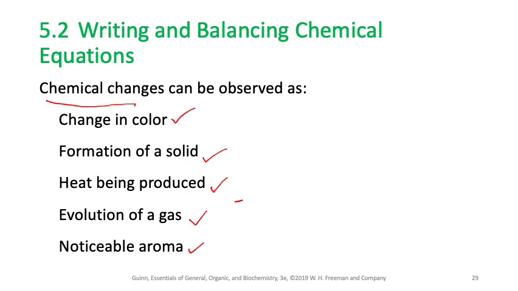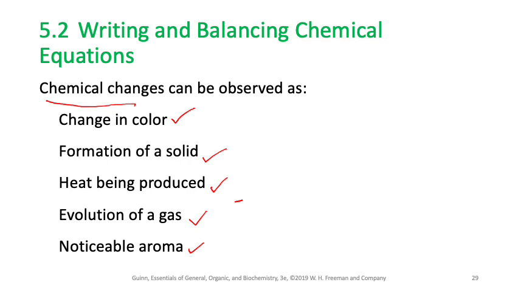If you don't see any of these changes during the reaction, you might smell some kind of aroma after the reaction is done. If you mix two liquids that had no smell before, but after some time you notice a smell coming out, that means a chemical change happened once you mixed those two substances together.